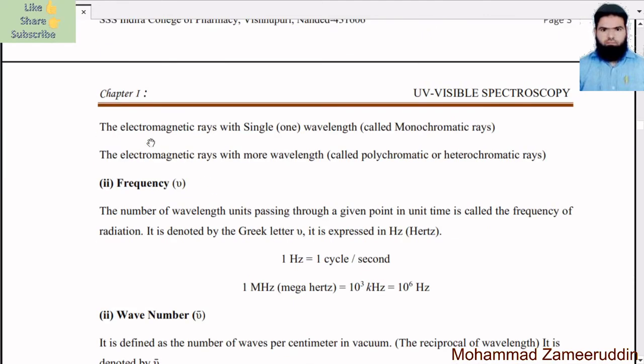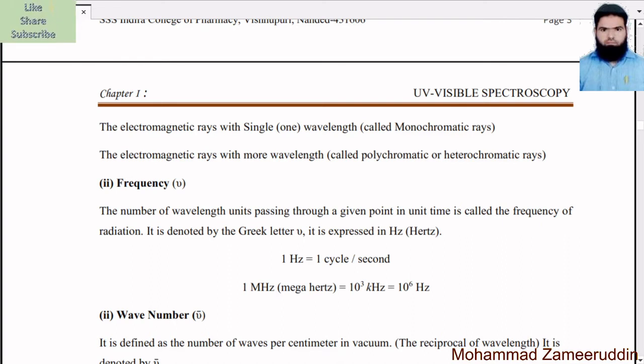Now electromagnetic radiations with a single wavelength are called monochromatic light. Students, mono means one, and chrome means color. So if a single wavelength has a single color, then that type of radiation is called monochromatic light or monochromatic rays. If any beam of light contains multiple wavelengths, it means it will have more than one color.